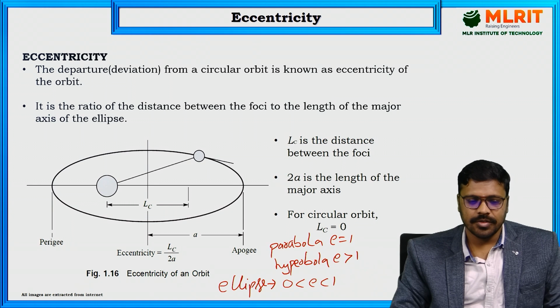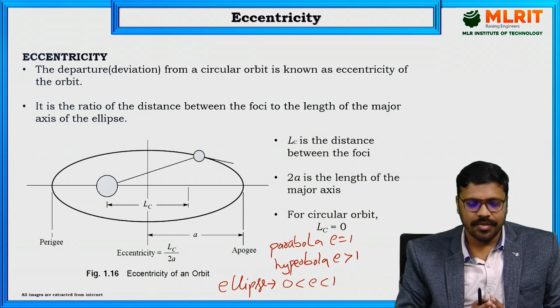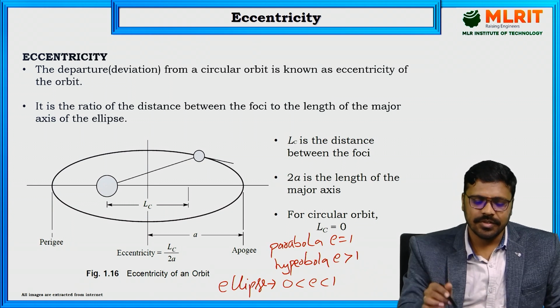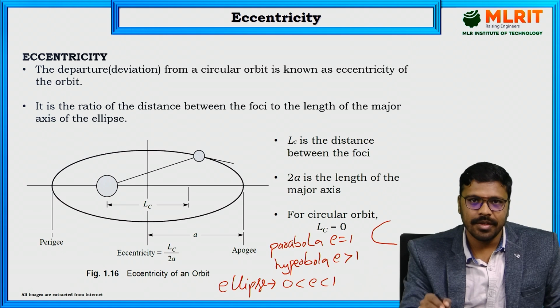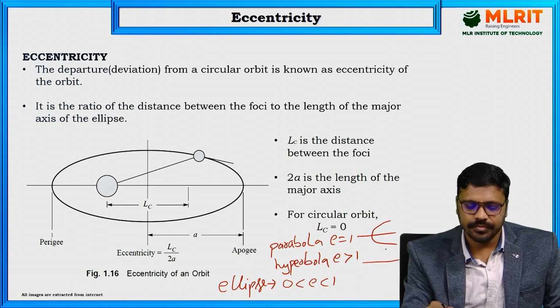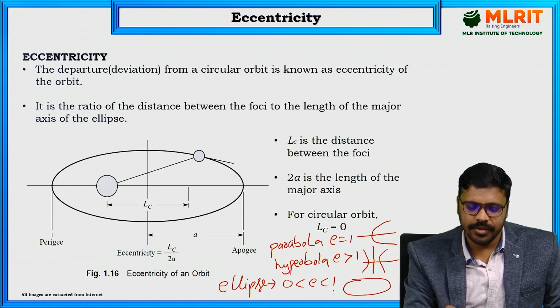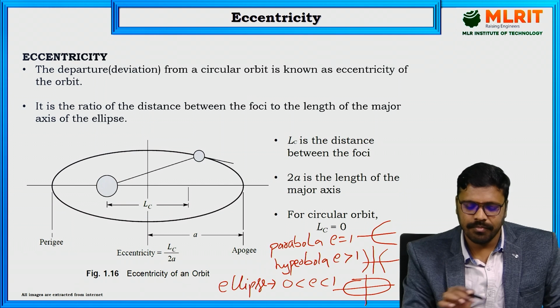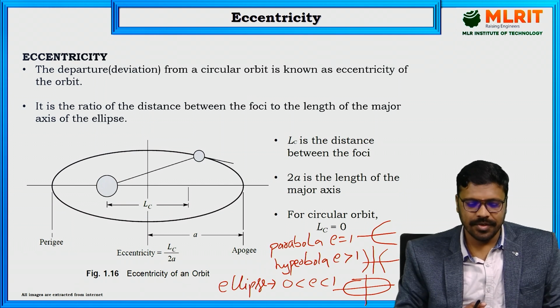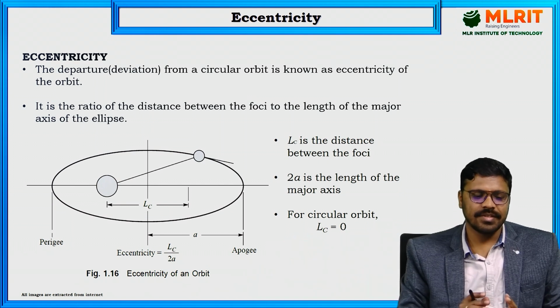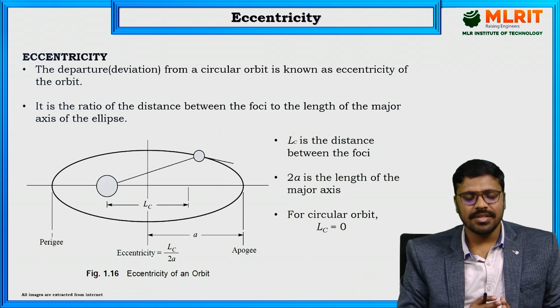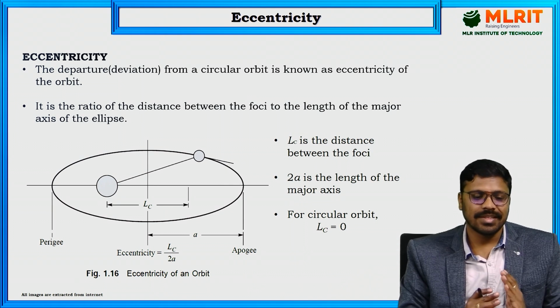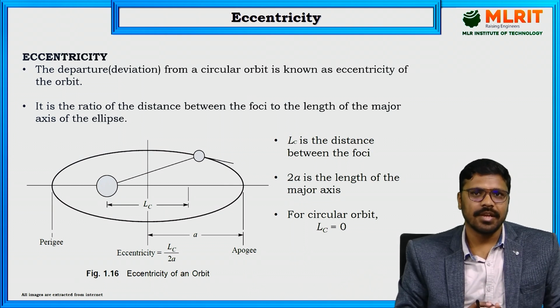So, these are the curves which have different eccentricity. Parabola will be like this, hyperbola like this, and an ellipse like this, with the same major axis and minor axis. So this is what eccentricity is. This eccentricity will tell us how much the orbit is deviated from a circular orbit.